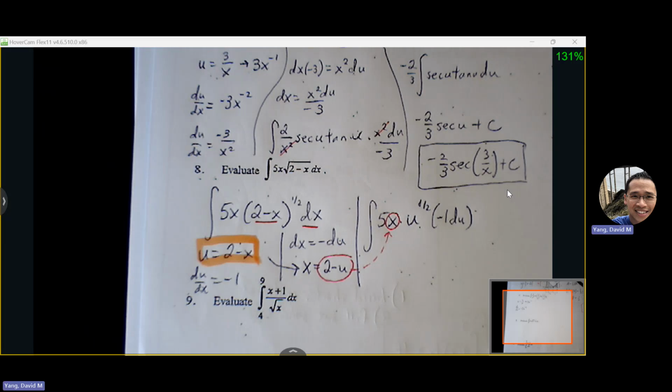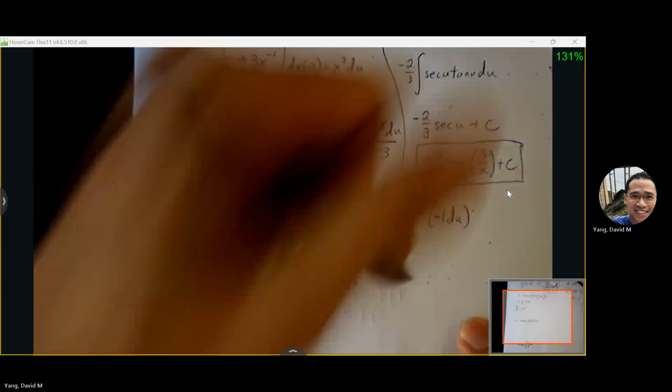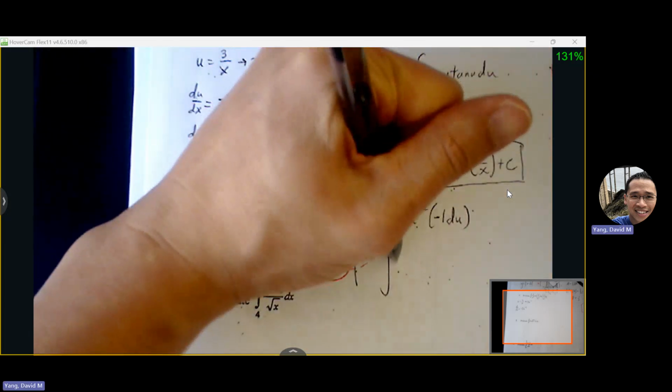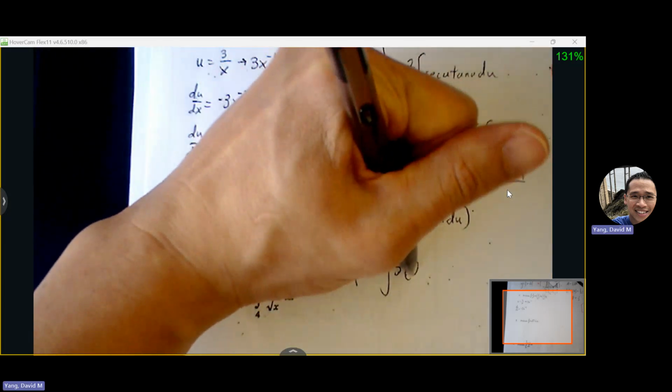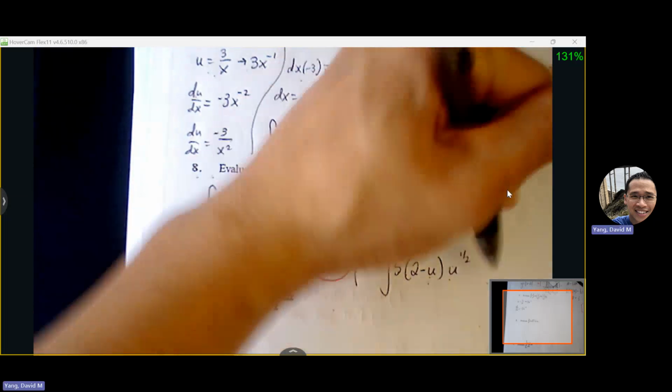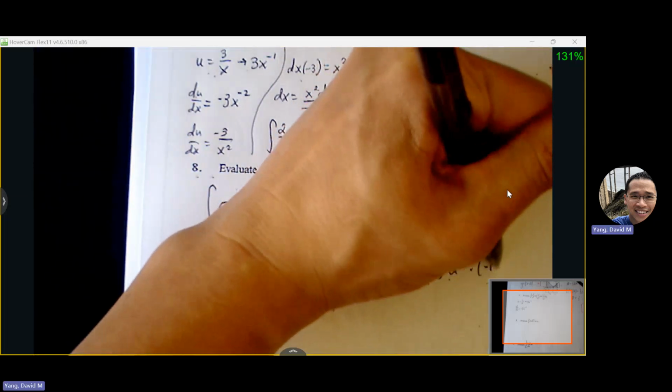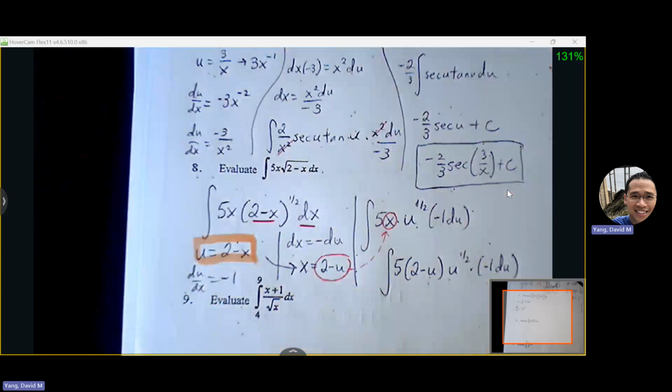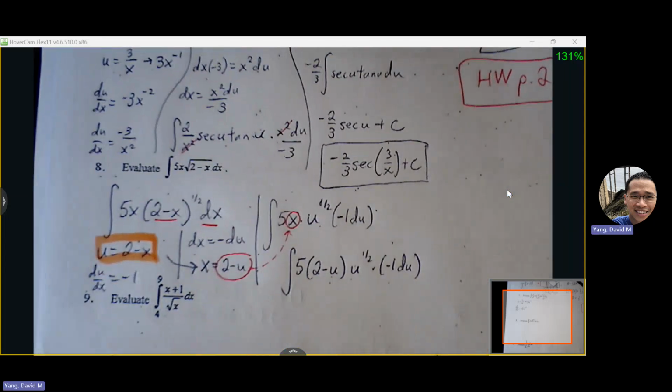So if I solve for x, I get 2 minus u. Put the 2 minus u in for that x. And then there's still some algebraic steps awaiting us to clean up, but at least we now have a path towards getting to where we need to go with power rule.